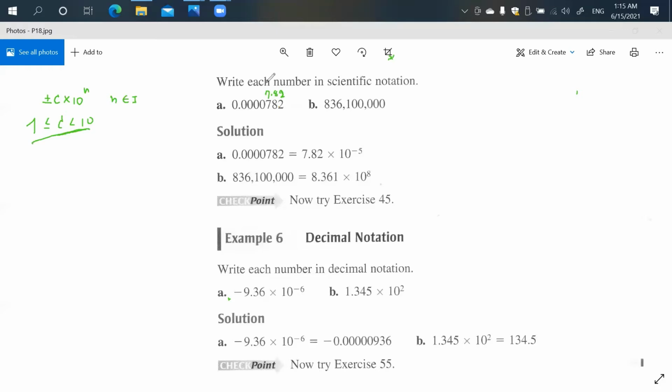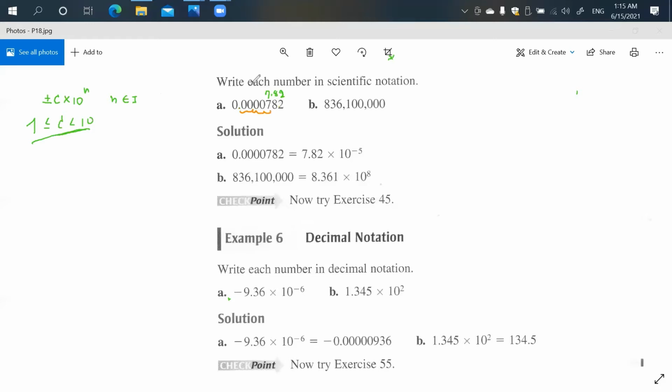So now how to do it? You see the decimal point here, always start from the decimal point. Right now you have to move backwards, correct? From the dot here, you move 1, 2, 3, 4, 5.